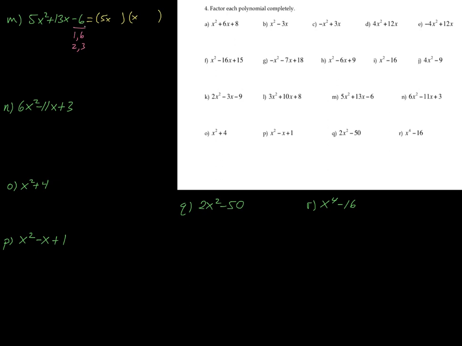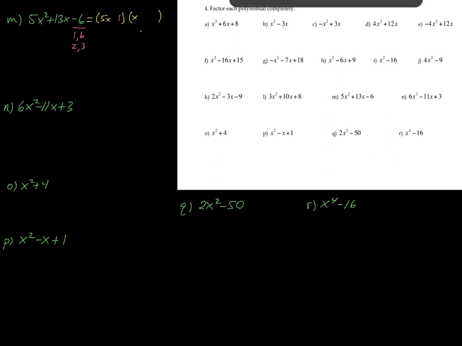So let's see here, like 1 and 6, for example. If I tried a 1 and a 6, I'm not even going to write it down, because the 6 times the 5 is going to be a 30x. That's just way too big, okay? What about a 6 and a 1?